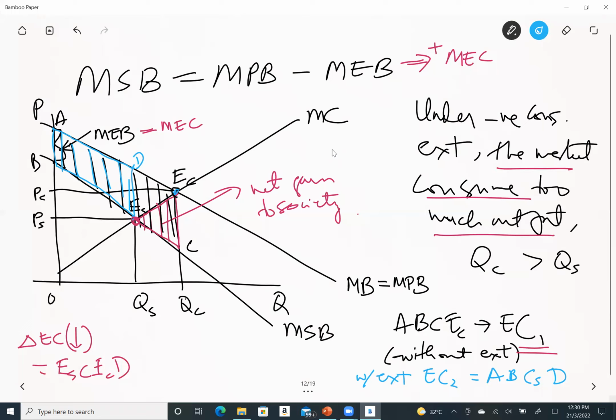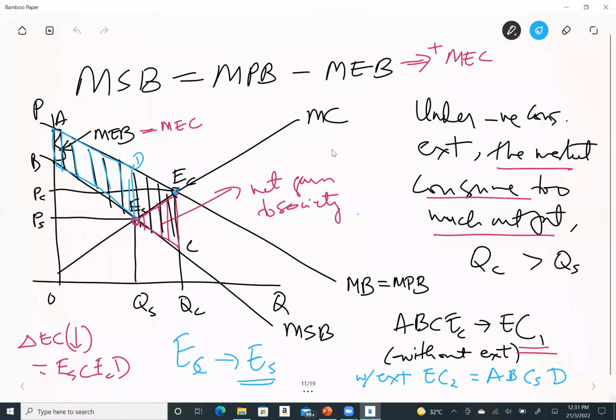Now, under the Coase theorem, we do the bargaining. Then what happens? Then we will move from EC to ES. So that means we internalize the externality. Move from EC to ES by Coase theorem.